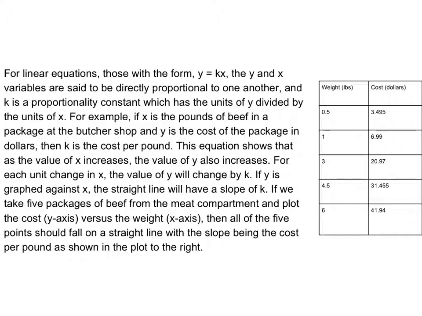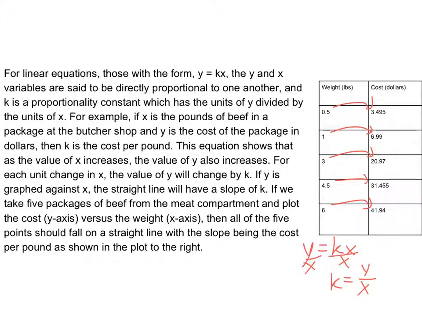So if we look at that, if we get a half a pound, it costs $3.495. If we get 1 pound, it's $6.99. 3 pounds, it's $20.97, 4.5 pounds. Okay, so to find k, we can divide both sides by x. So k is equal to y over x.